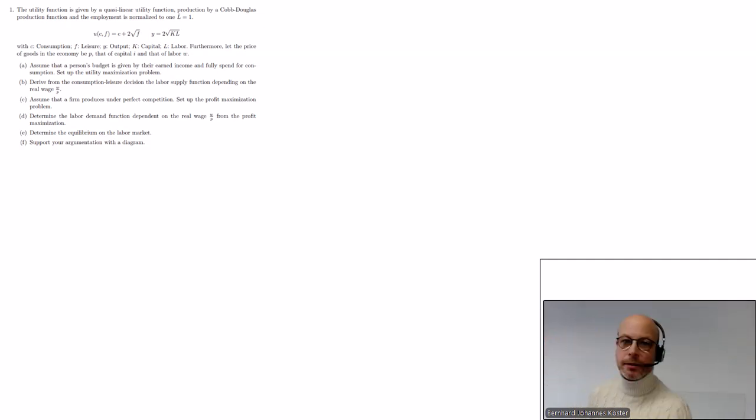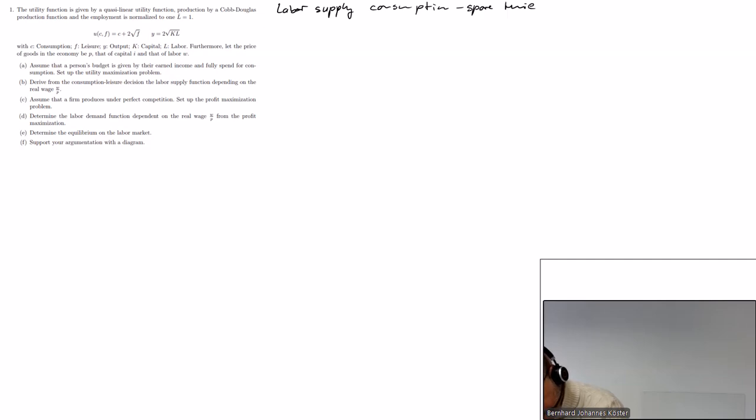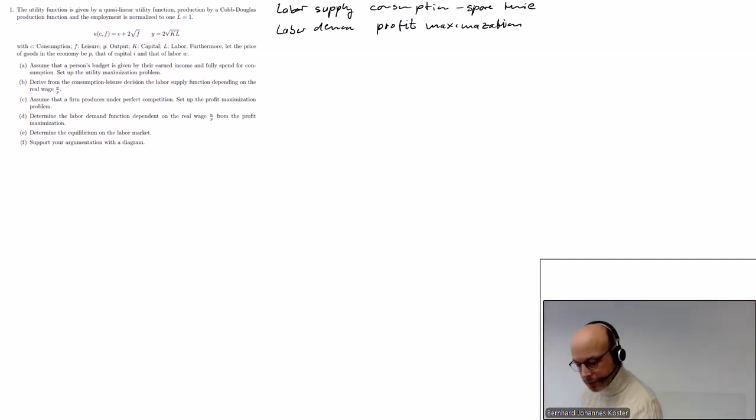The labor market. You should calculate, first of all, labor supply from the consumption spare time decision and labor demand from profit maximization.